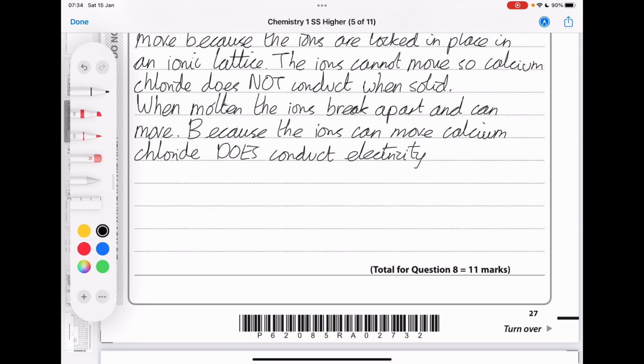So I'm going to say, because the ions can move, calcium chloride does conduct electricity when molten. And it's all, again, that thing of being precise, being specific, and making sure I really, really clearly answer what I've been asked.